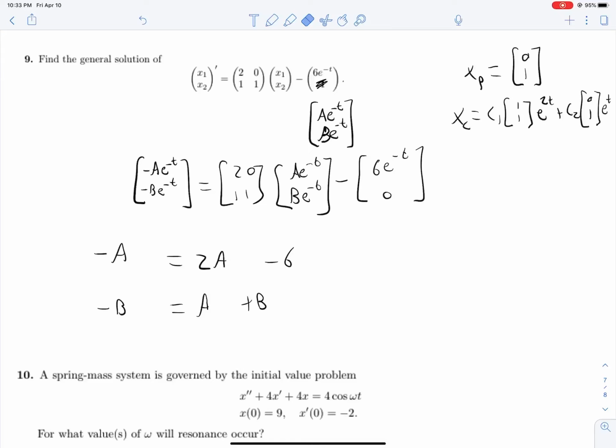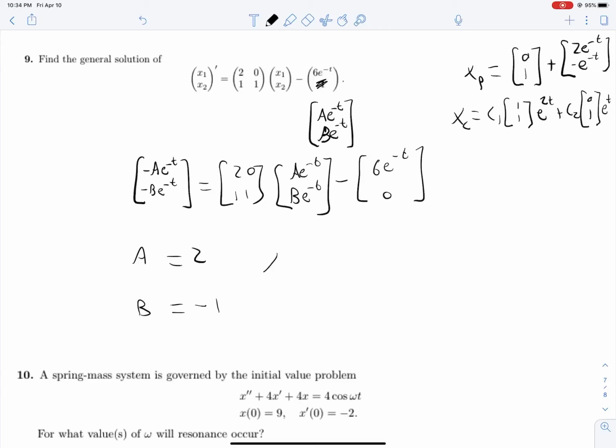We can subtract 2a over here and see that minus 3a is equal to negative 6, or a is equal to 2. Replacing that in here, subtracting a, minus 2b, b is equal to negative 1. So we can finally add our second bit to xp, which will have 2e to the negative t and negative e to the negative t, like so.